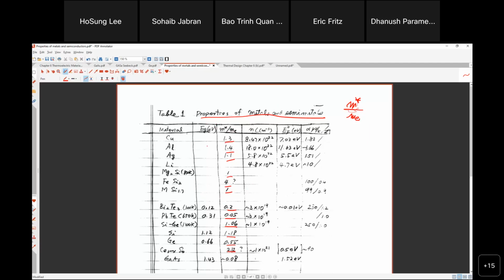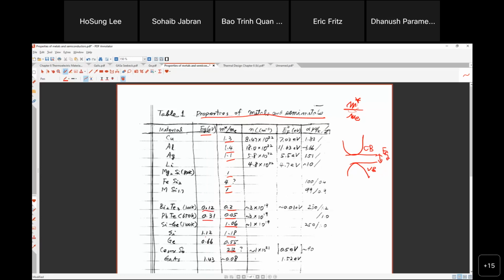And also the band gap: this is the valence band, conduction band, and this is the band gap measurement.